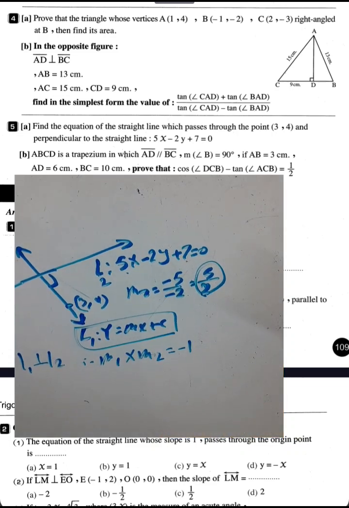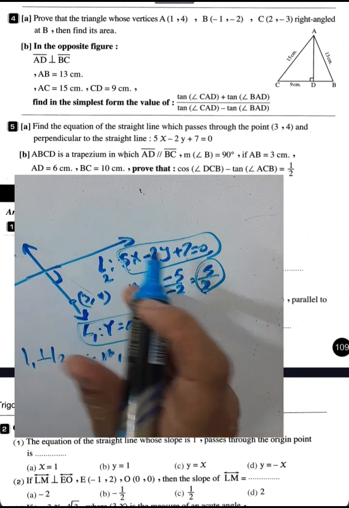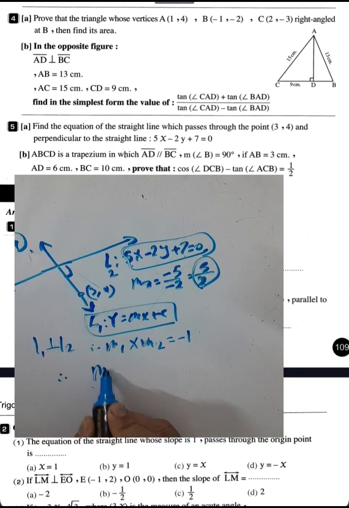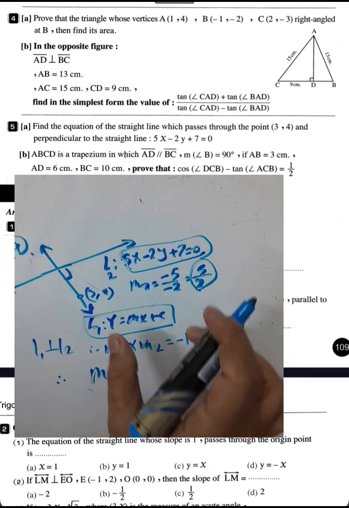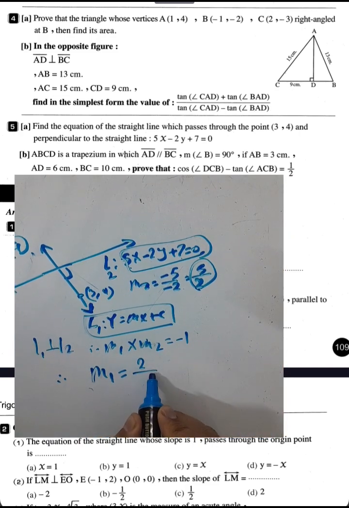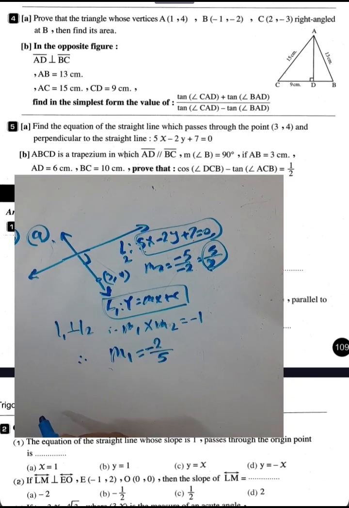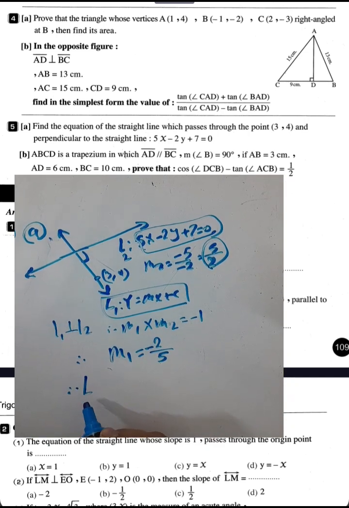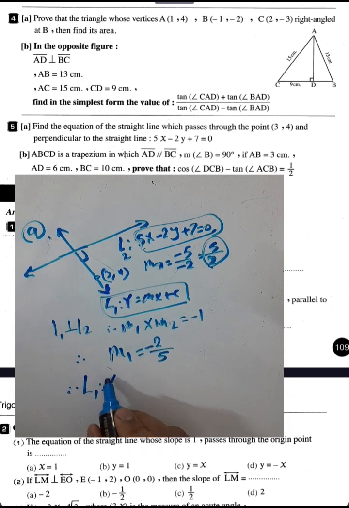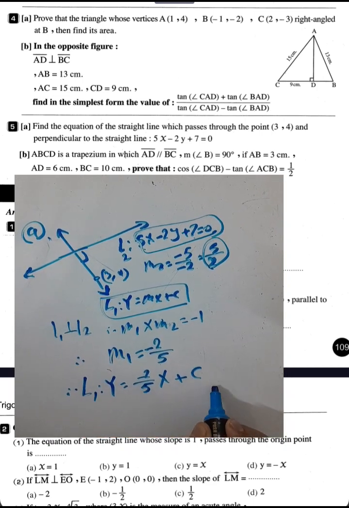Okay, the slope of the straight line here. Then the slope of the equation here will be the inverse of this fraction, 2 over 5, and negative here. It's the slope of this straight line. Okay, then the equation of L1 is y equals negative 2 over 5 x plus constant.